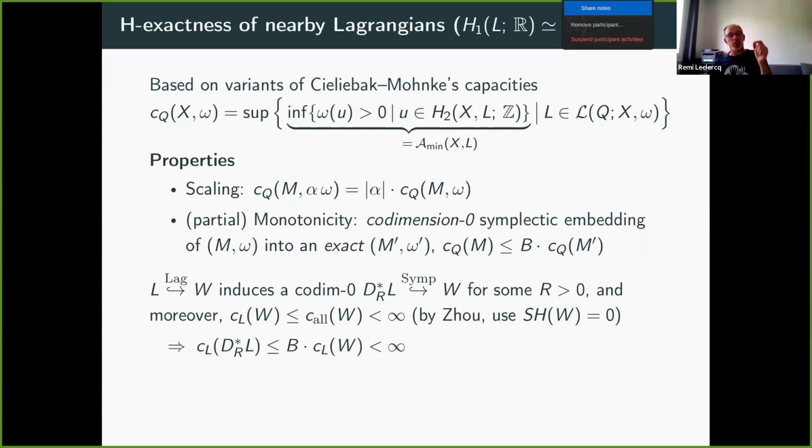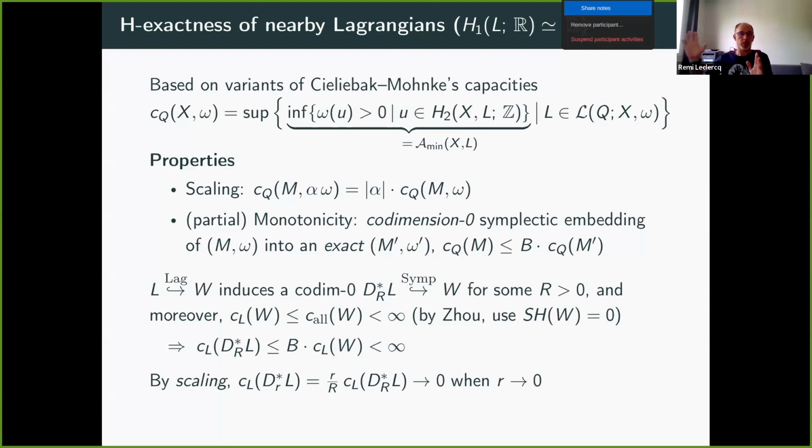Now, by monotonicity, we know that the capacity of this small neighborhood of the zero section in T star L is also finite. Excellent. But then by using scaling, and also monotonicity, though that's really not important, you can show that if you take smaller and smaller neighborhoods, of size r with r going to 0, then not only is your capacity finite, but it goes to 0.